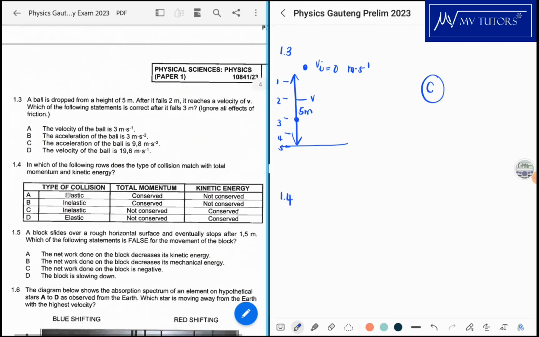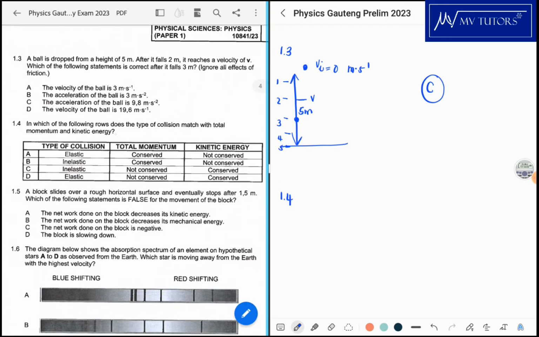Now 1.4. In which of the following rows does the type of collision match with total momentum and kinetic energy? Okay, so the type of collision is either elastic or inelastic. When it comes to elastic collision, we know that total linear momentum is conserved. Okay, so momentum is conserved.